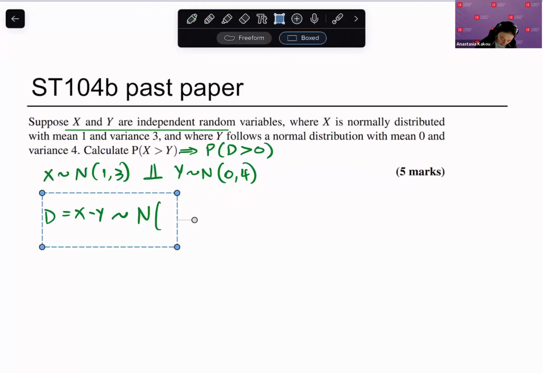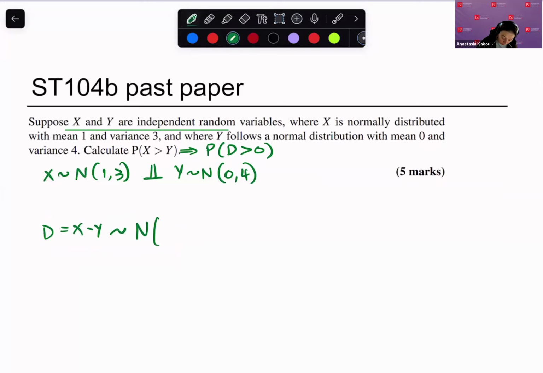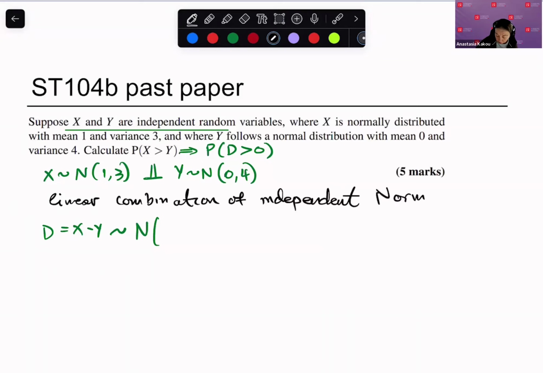So let me write it here: a linear combination of independent normal random variables.